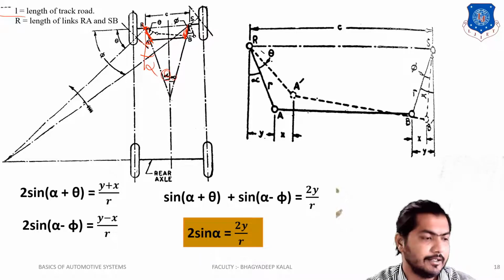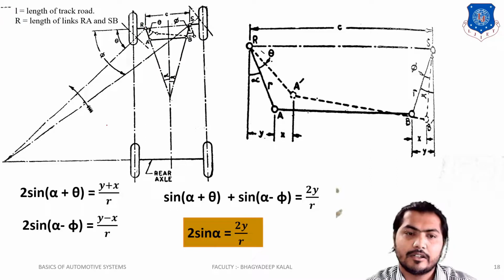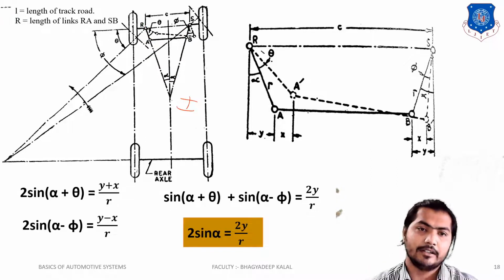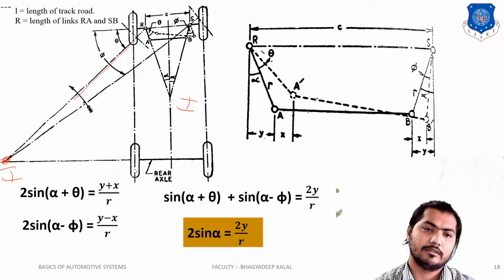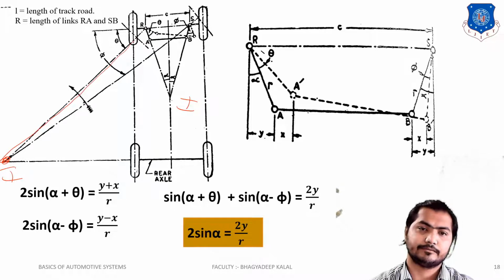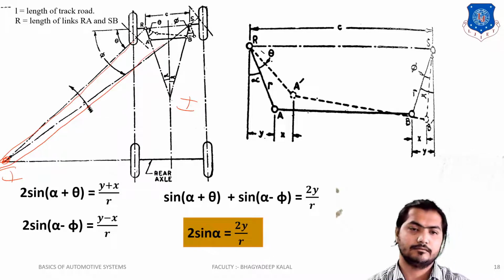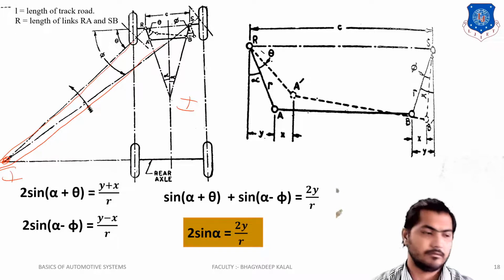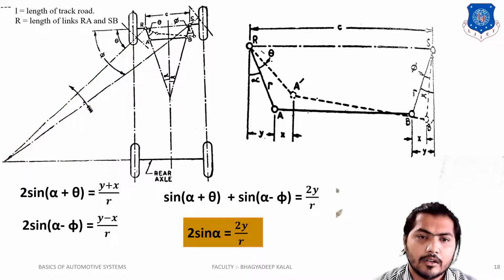This is the alpha angle, and in the straight condition this is our center. But when it takes a left turn, the center is somewhere here, and the center is joining here. This distance is nothing but r.